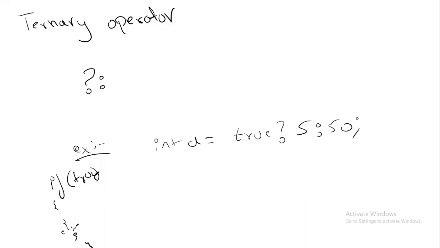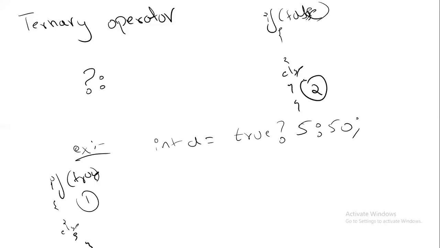If the condition is true, the first body, the if body, will execute. If the condition is false, the second body will execute. That is very simple to remember in if and else.